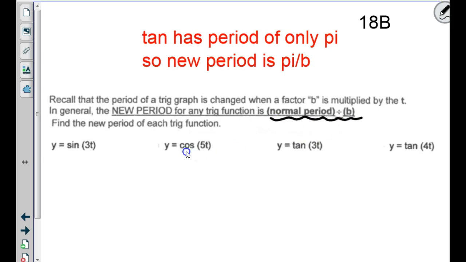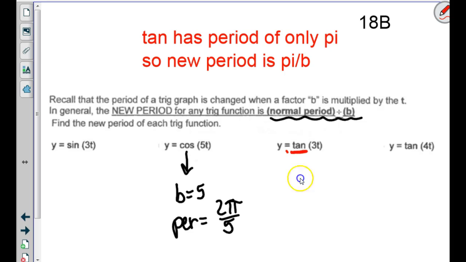So if it was this question, b is 5, so the new period was 2 pi over 5, right? But what happens when it's tangent, guys? If b is 3, the period is just pi over 3, which actually means you would have asymptotes at pi over 6 and negative pi over 6, because half of it is on either side.